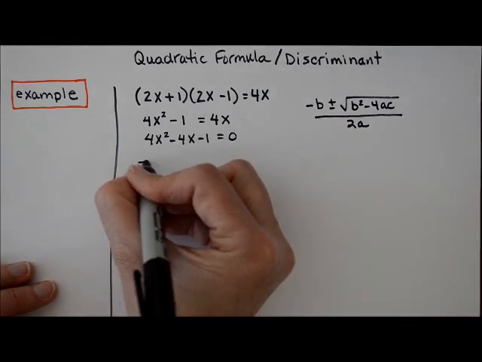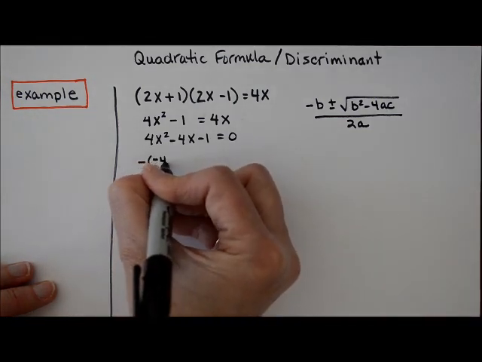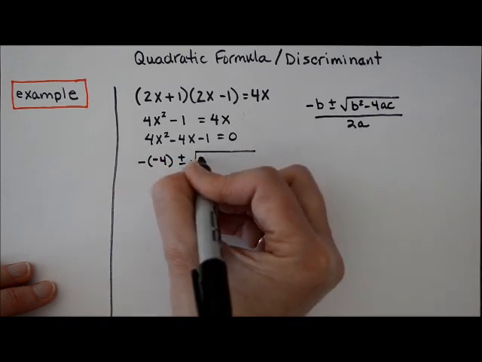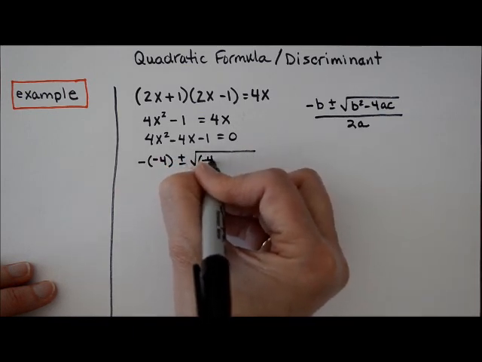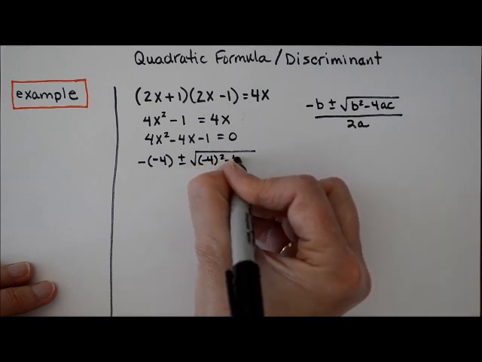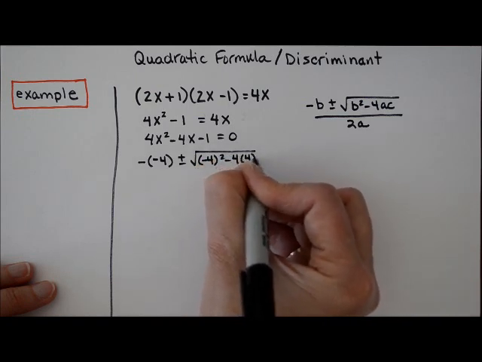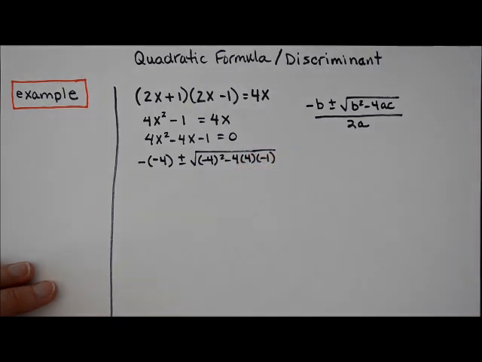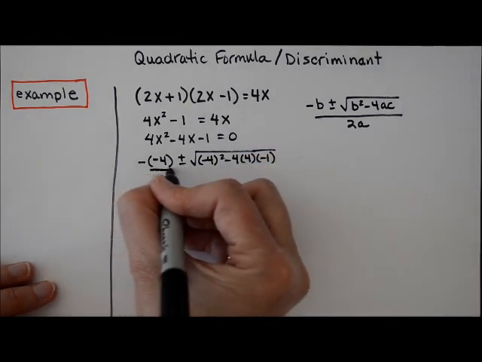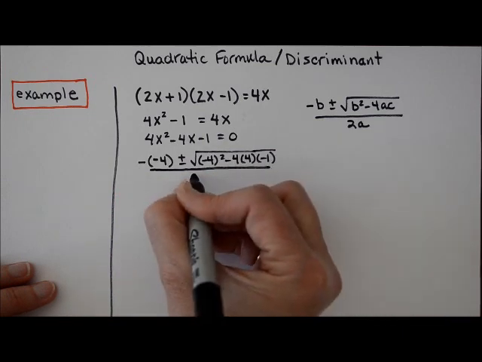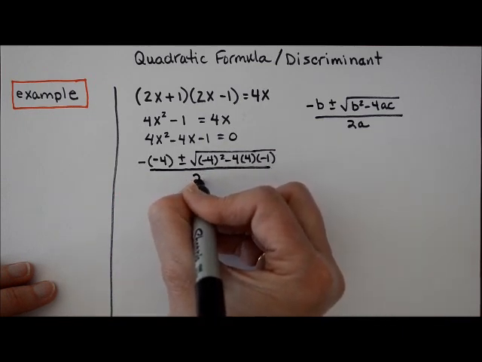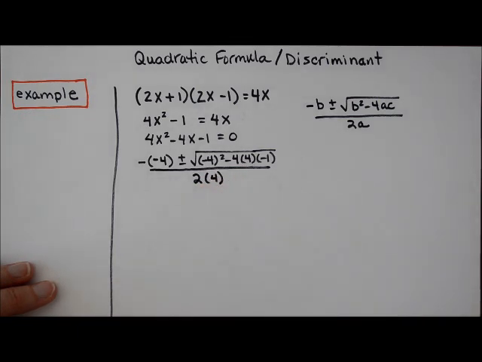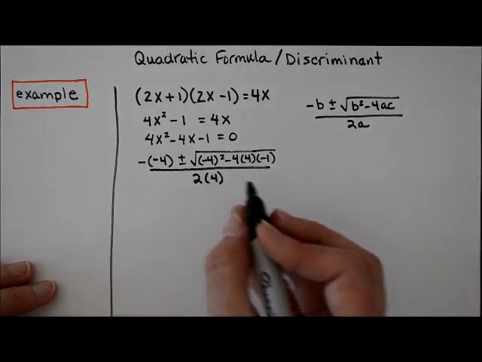So I have the opposite of b plus or minus the square root of b squared minus 4 times a times c all over, and don't forget you're over 2a. I always want to forget that because I'm so excited that I actually wrote this part correctly. So don't forget it, don't be like me.